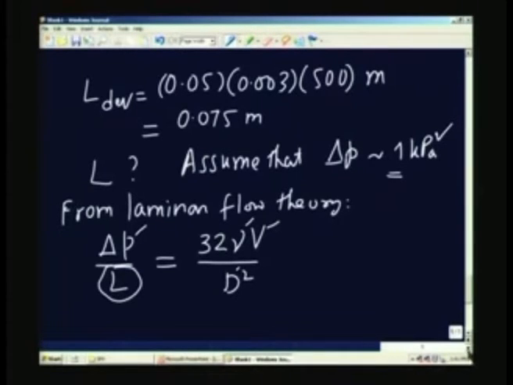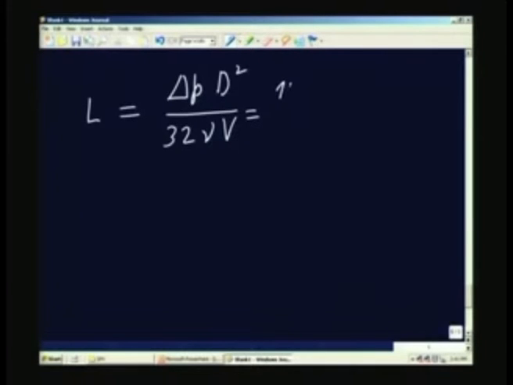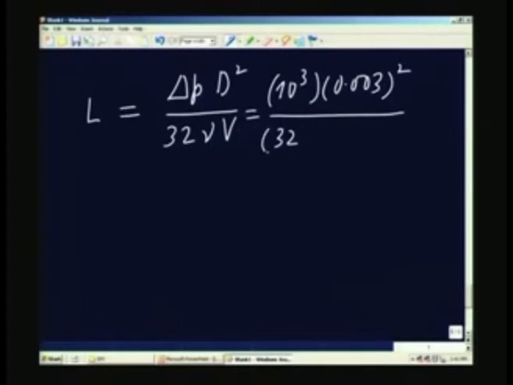So, let me just do the calculation. So, we can say that L will be equal to, the formula has to be rearranged so that we solve for it, delta P into d squared divided by 32 nu V. Delta P is 1 kilopascal, is 10 to the power of 3, d squared is 0.003 whole squared, divided by 32, nu is 10 to the power of minus 6, multiplied by V is 0.167.